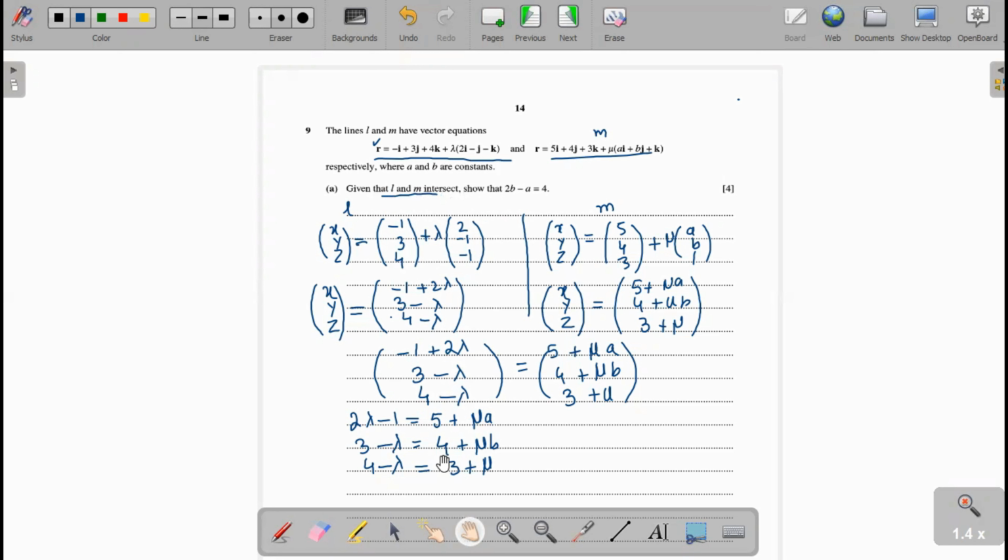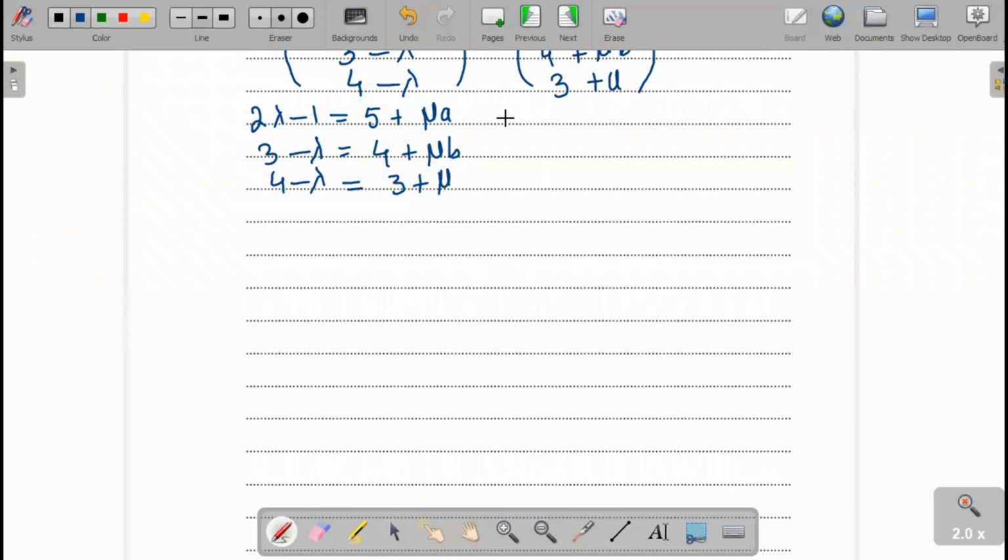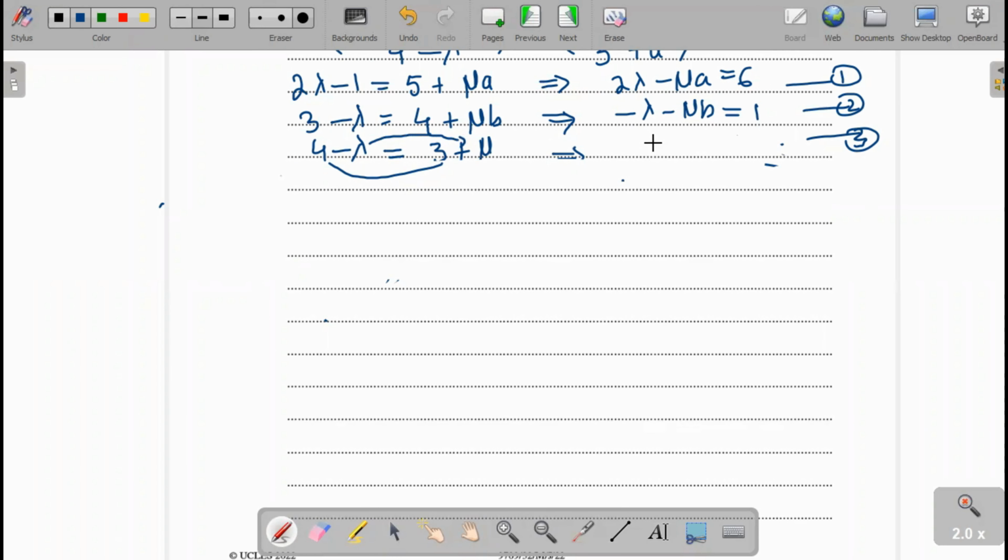Now solve these equations. The first equation can be written as 2 lambda minus mu a equal to 5 minus 1, equal to 6, and the second equation can be written as minus lambda minus mu b equal to 1. And this equation can be written as 4 minus 3 equal to 1, 1 equal to mu plus lambda. From these equations we can find the value of lambda.